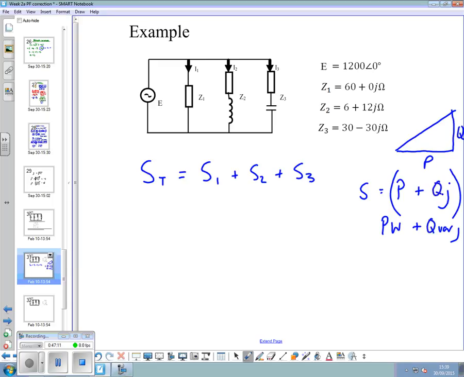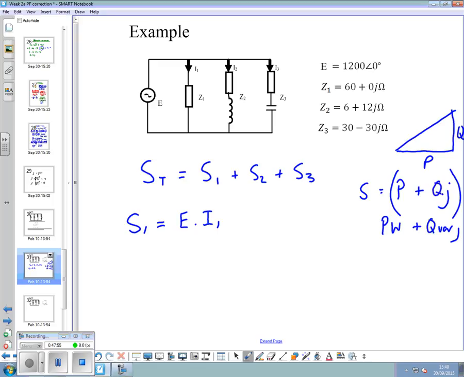So how could we find S1? Using basic maths, if you weren't considering anything to do with complex numbers, how would you find S1? E times I, so in this case E times I1, wouldn't it?